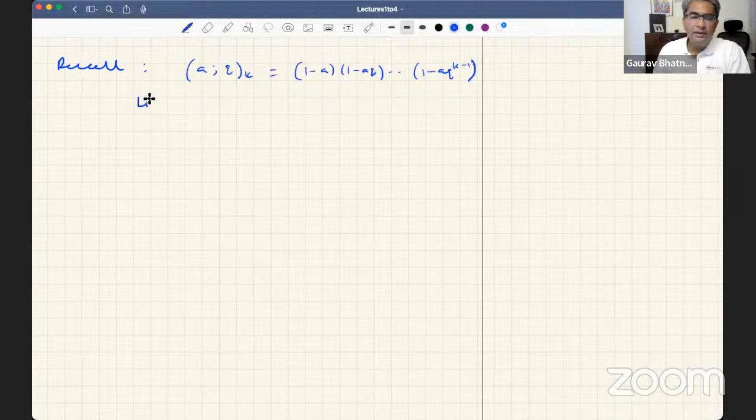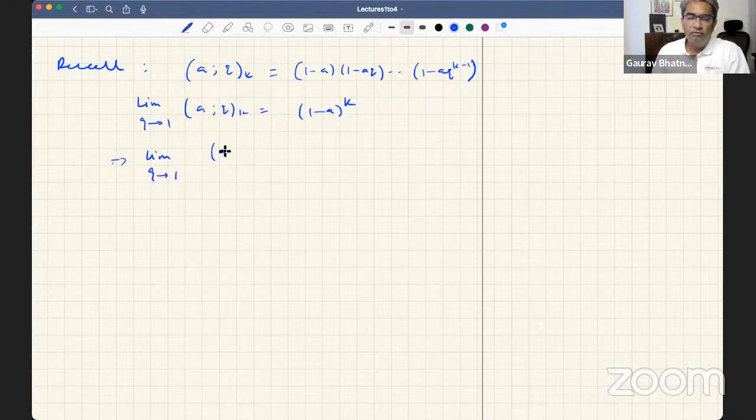So if we take the limit as Q goes to 1 in (A;Q)_K, we will get (1 minus A) to the K, as there are K of them. So what this means is that we can take the limit Q going to 1 of (AQ;Q) infinity over (AQ^K;Q) infinity.